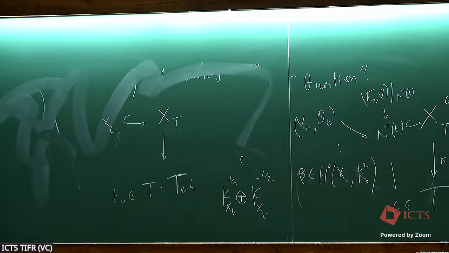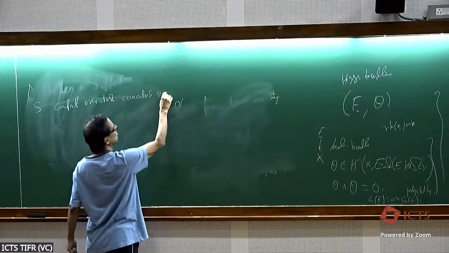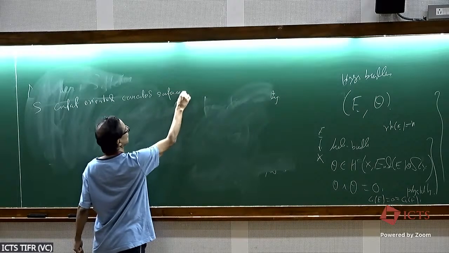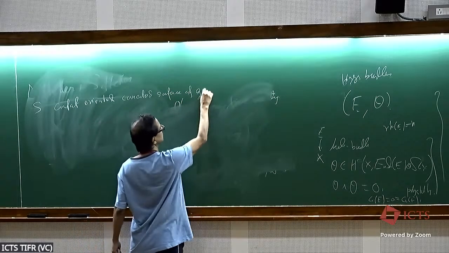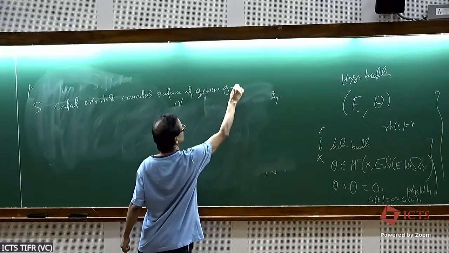So S is a compact oriented connected surface of genus g, which I take to be greater than or equal to 2.